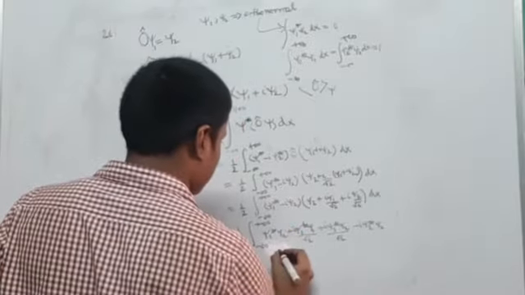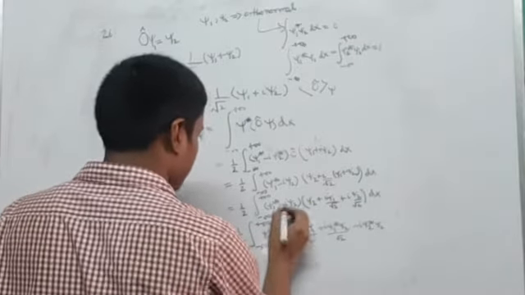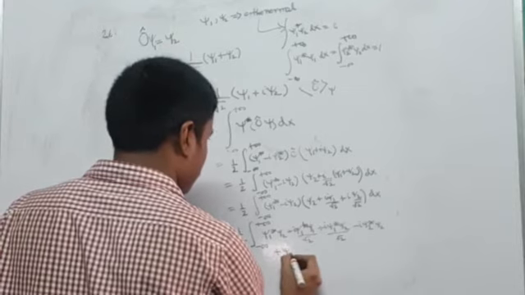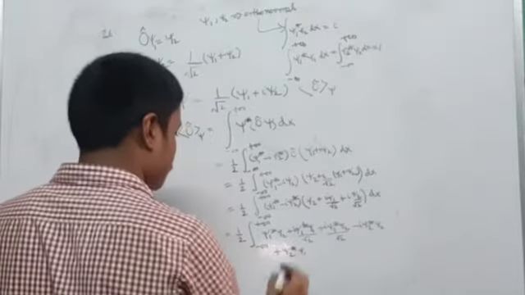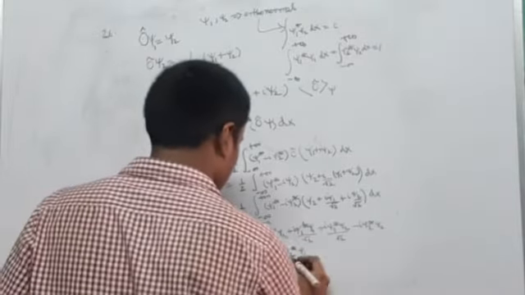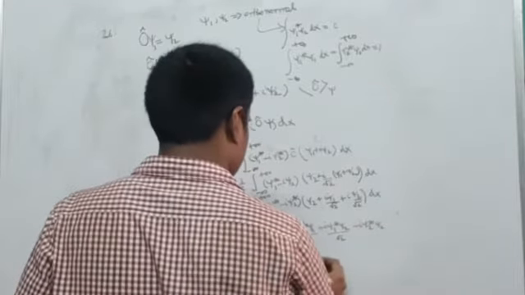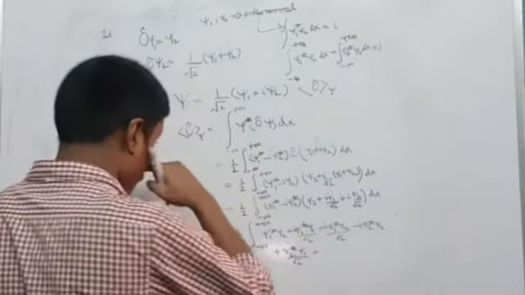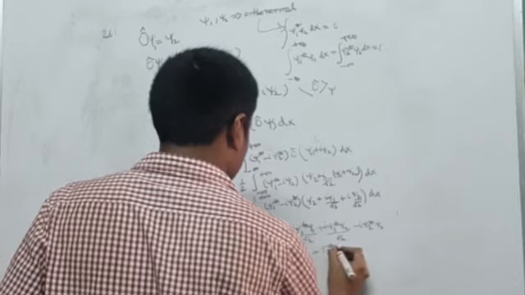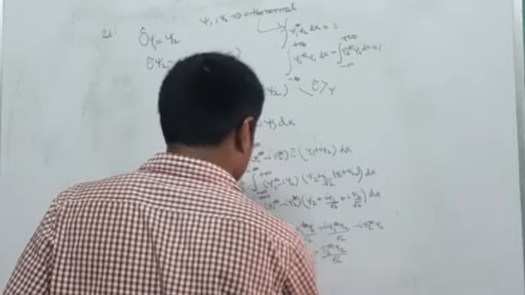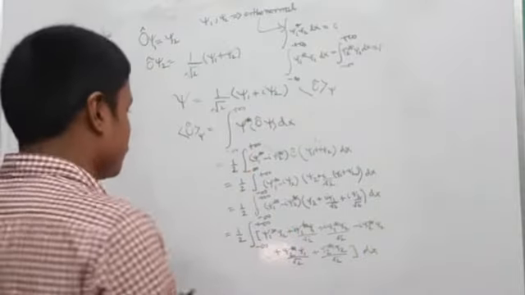And then you have i times i is minus 1, but the minus is already there, so it's plus: psi 2 star psi 1 over root 2. And finally you have another plus sign, because i squared is minus 1 but there's a minus sign, which is psi 2 star psi 2 by root 2. All of this comes under dx.